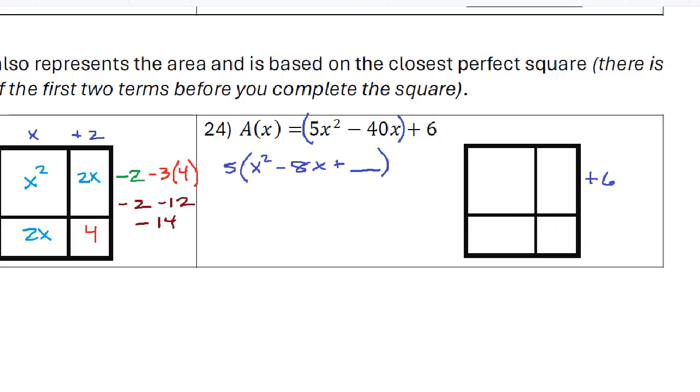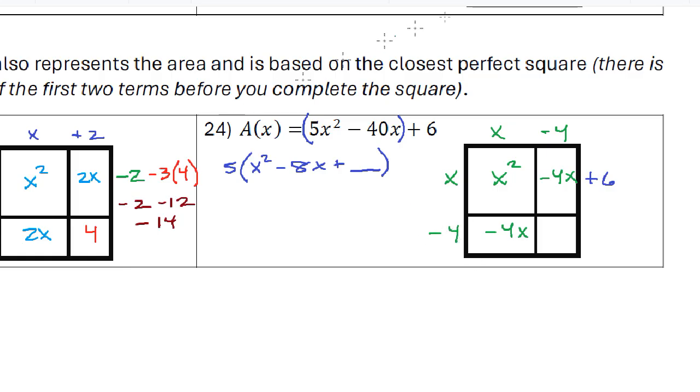Let's go ahead and complete the square. So inside our parentheses, here's my quilt square right here in the parentheses. I've got x squared. Negative 8x divided by 2 is negative 4x. And negative 4x. And that means our side lengths are actually going to be x times x is x squared. X times negative 4 is negative 4x. Same thing over here, otherwise it wouldn't be a square.